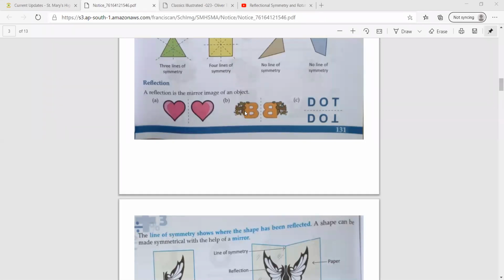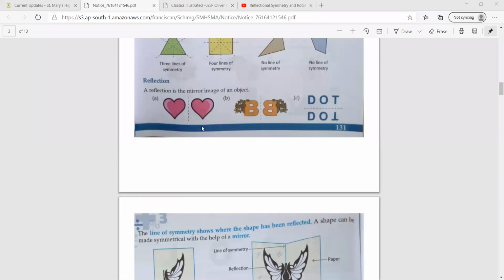If this is reflected on a mirror, it will look like this. If the mirror is placed here below, then the reflection will be like this. That is called reflectional symmetry.